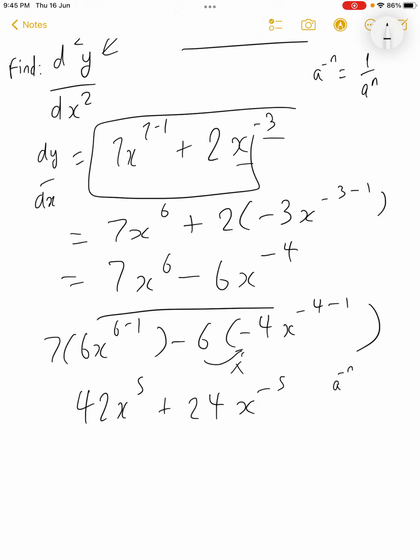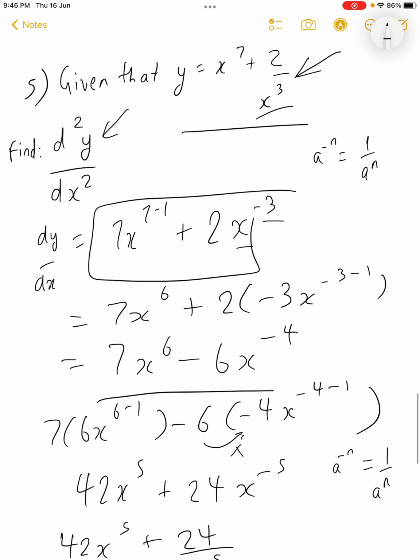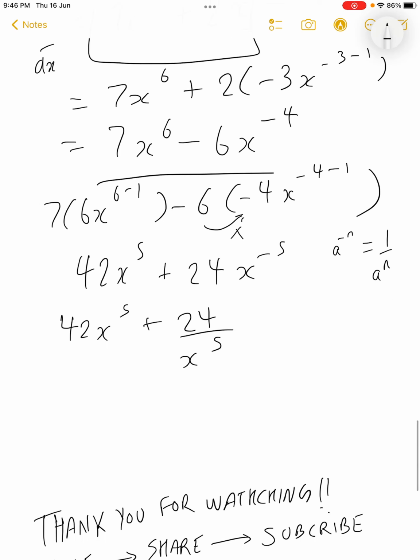Since we know that a raised to the power of minus n is equal to 1 divided by a raised to the power of n, we're just going to leave it in that form. So 42x raised to the power of 5 plus 24 divided by x raised to the power of 5. Now this is your answer for d squared y divided by dx squared.